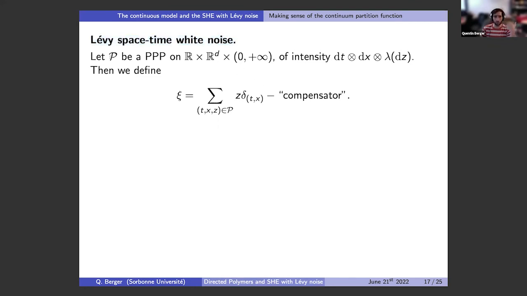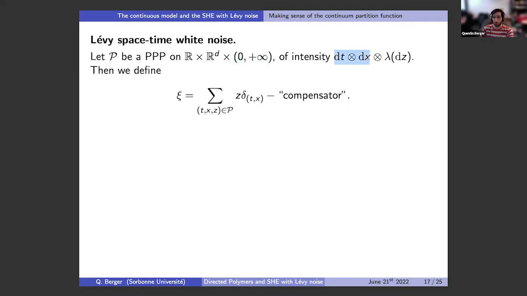The idea is that you start from a Poisson point process. You have points in R times R^d times (0, infinity). This is the time coordinate, this is the space coordinate, and this tells you where you put some mass. This is the mass coordinate, or the weight coordinate.